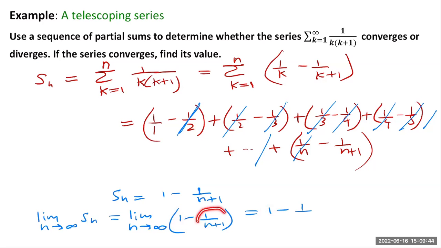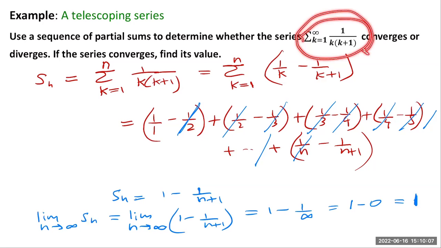And if you take the limit of the second expression, as n goes to infinity, this n becomes infinity. So it takes the form 1 over infinity, and that is equal to 0. So 1 minus 0 is 1. So the sequence of partial sums converges to 1. That means your original series is convergent to 1.